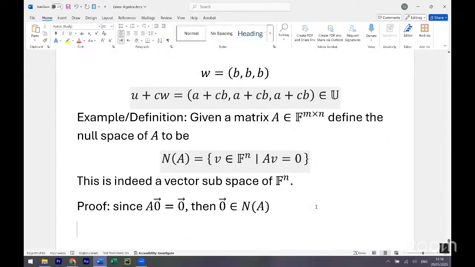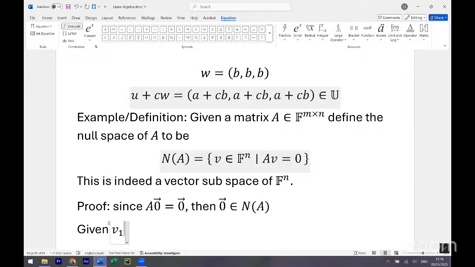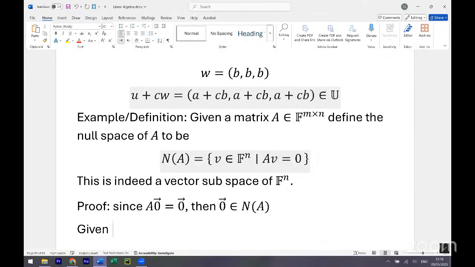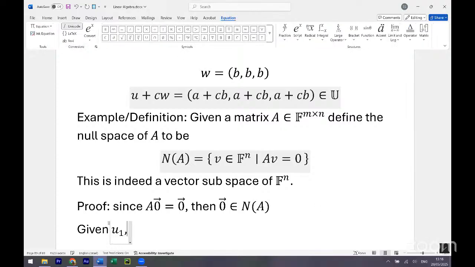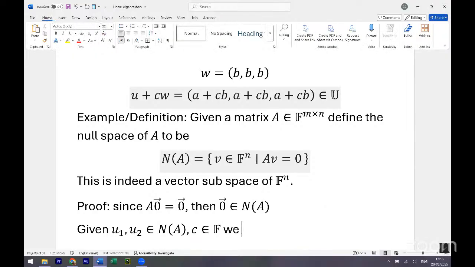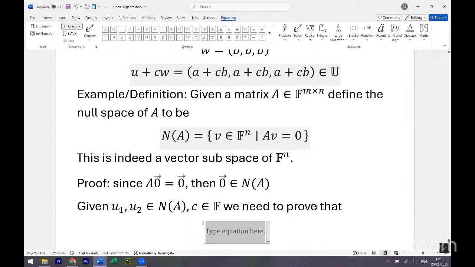Next, given U1 and U2 within the null space, and C within the scalar field, we need to prove that U1 plus C U2 is within what?